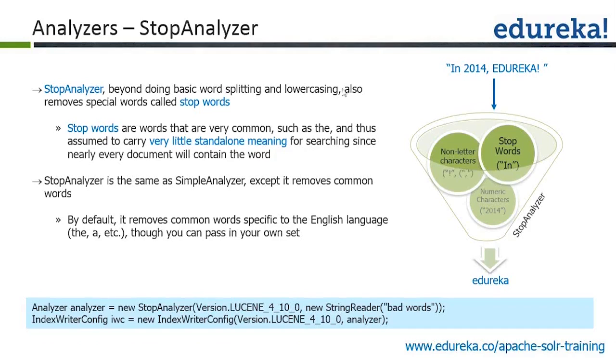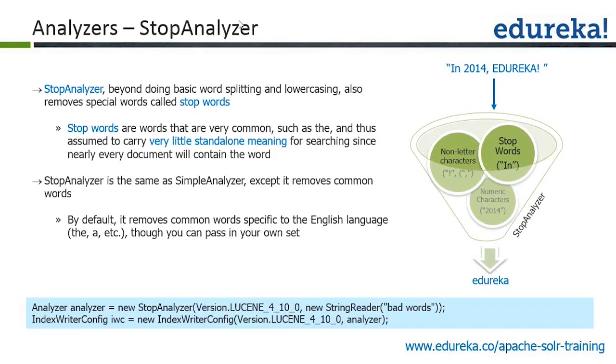So in those cases, if you wanted to restrict a few words from getting into your index database, you can create a list of bad words or a list of stop words along with the standard stop words.